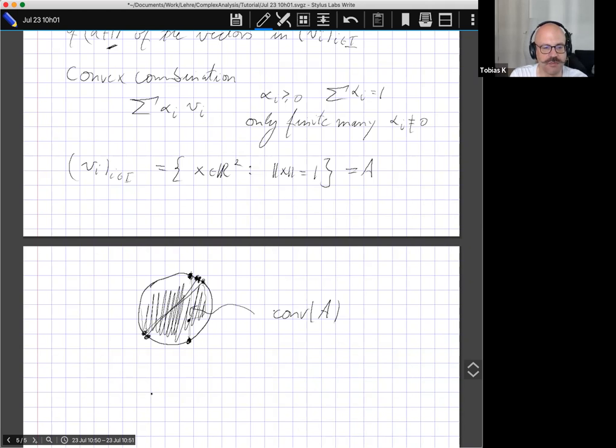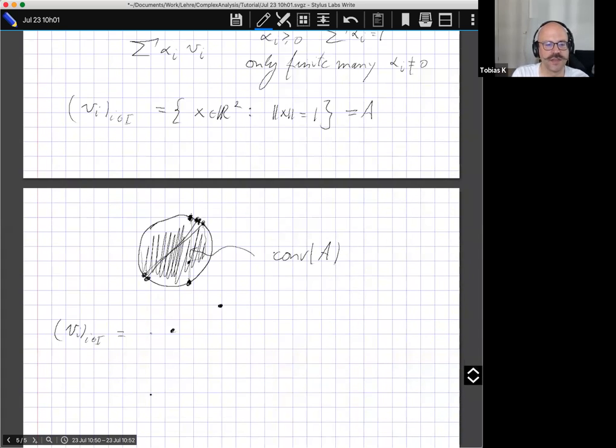But if you, for example, set the collection v_i to be just 3 points, then the convex hull of this is everything you can write as a linear combination of 2, but then you could also take a point here and a point here and write this as a linear combination, or take a point here and a point here.